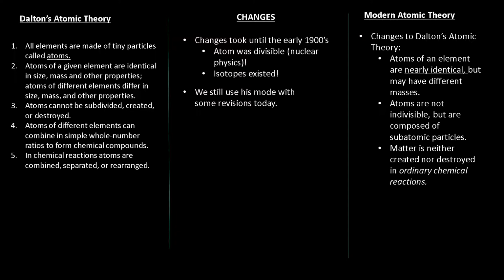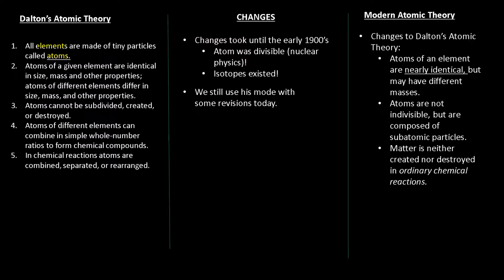So Dalton's atomic theory is 5 postulates. The first says that all elements are made of tiny particles called atoms. Second says atoms of a given element are identical in size, mass, and other properties, but atoms of different elements differ in size, mass, and other properties.